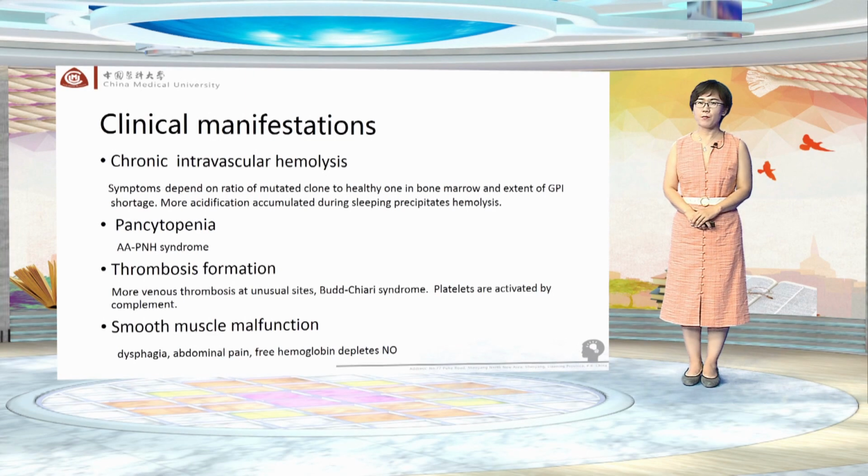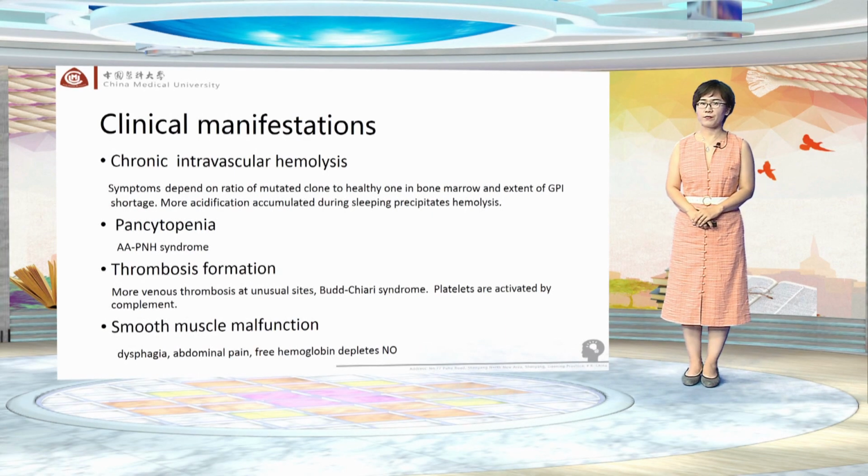Many patients present with unexplained hemolytic anemia and associated symptoms, including fatigue, jaundice, and red, pink, or black urine. Decreased bone marrow function in some individuals may further exacerbate anemia and cause pancytopenia.